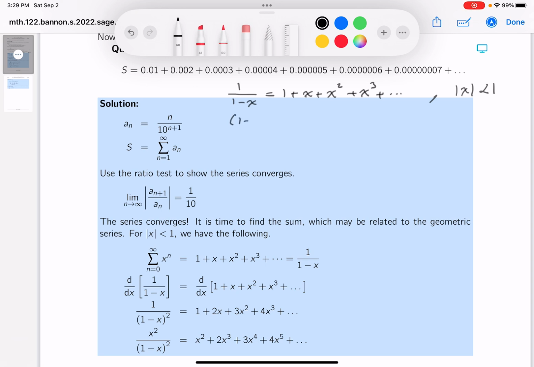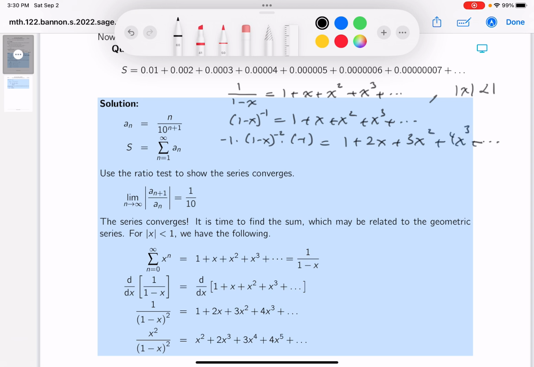This is 1 minus x to the minus 1. This is 1 plus x plus x squared plus x cubed. And again, I have a suspicion that this is going to work out. So what do you get over there? It's going to be minus 1 times 1 minus x to the minus 2 times minus 1, which equals 1 plus 2x plus 3x squared plus 4x cubed.